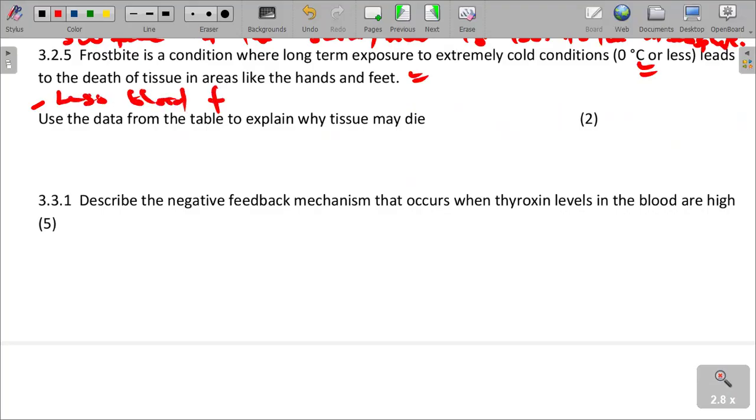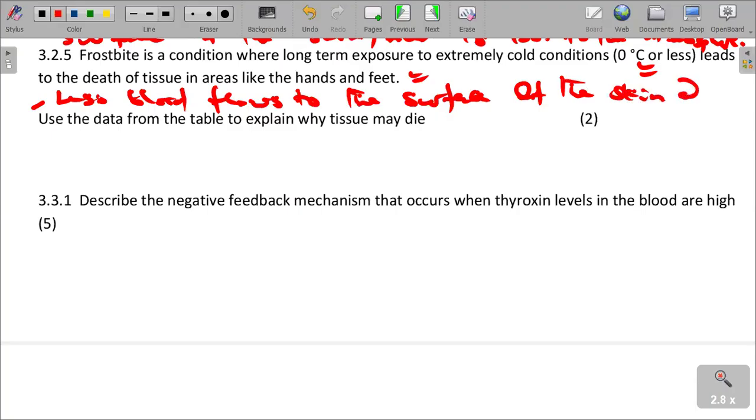Less blood flows to the surface of the skin at low temperatures. At low temperatures, low blood flows to the surface of the skin.